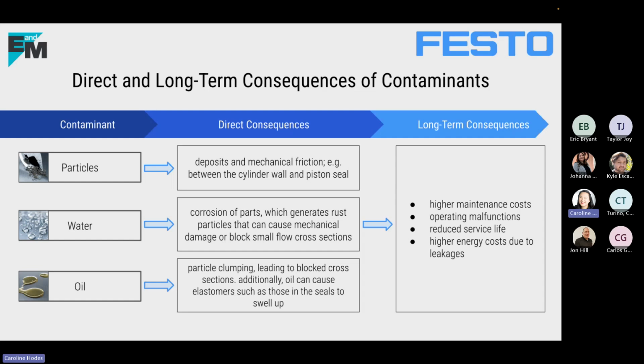Water can lead to the corrosion of parts and generate rust, and rust will cause mechanical damage or block small flow cross sections. Finally, oil can lead to particle clumping and can also block cross sections. Oil can also cause elastomers in the seals to swell up. The long-term consequences are higher maintenance costs, operating malfunctions, reduced service life, and lastly, higher energy costs due to leakages.